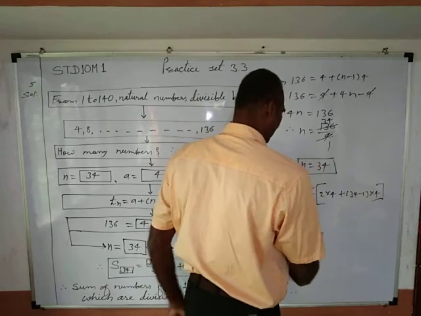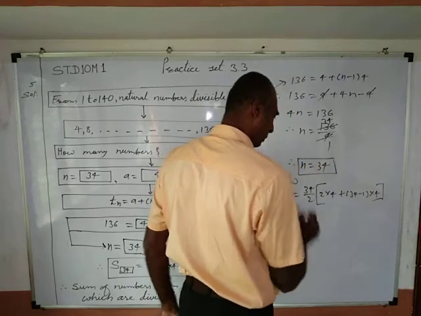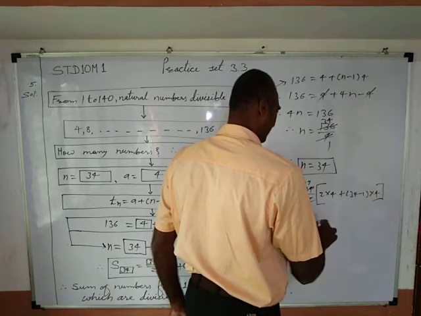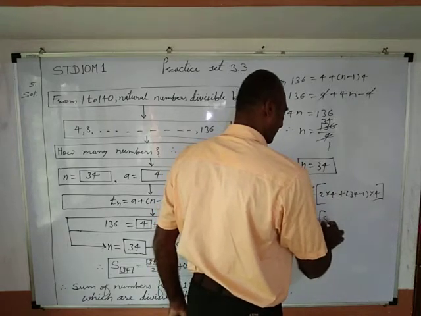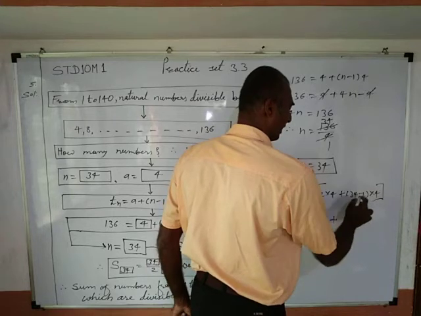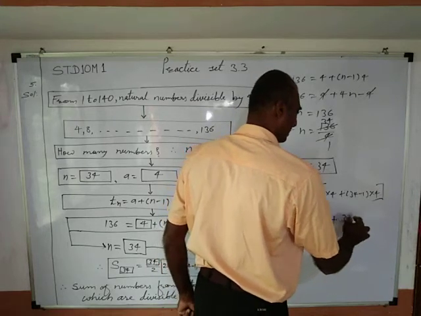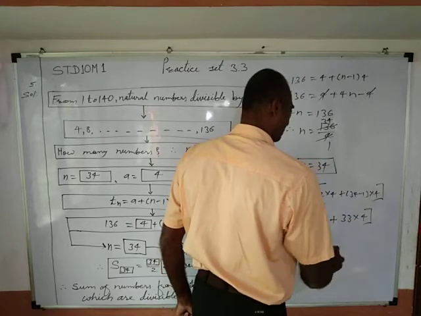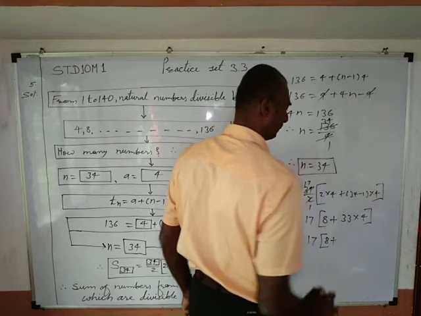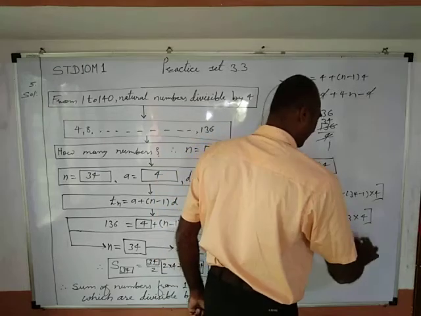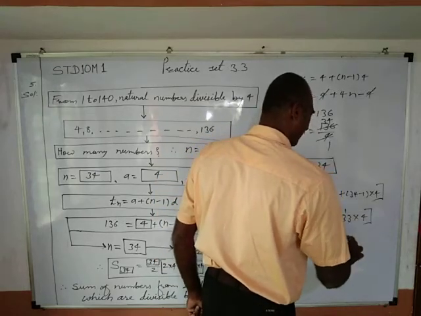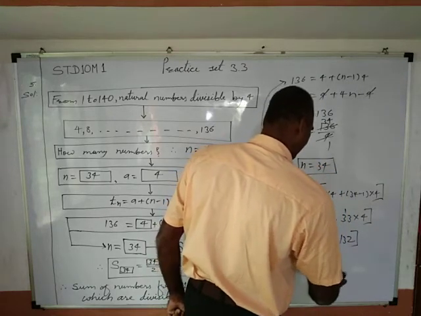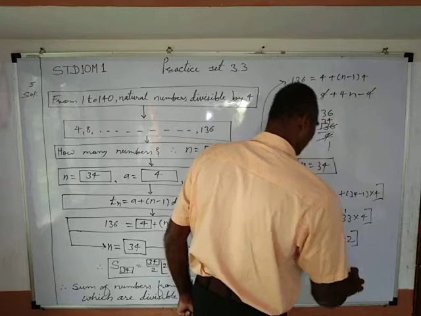That equals 34 upon 2, 2 ones are 2, 2 seventeens are 34, means 17 in front of the bracket. 4 twos are 8 plus 34 minus 1 gives us 33 into 4. That equals 17 into the bracket 8 plus 4 threes are 12, carry 1, 4 threes are 12 and 1 is 13. That equals 17 into 140.